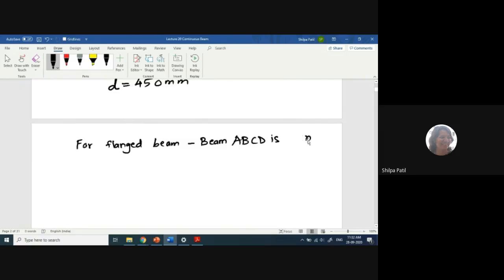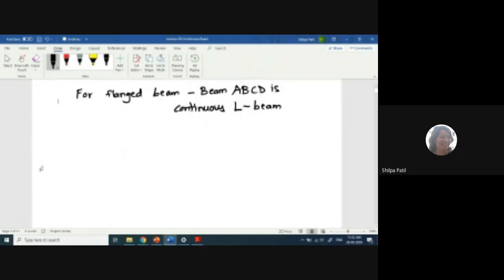This is very tedious while writing in Word. Okay. So for that, write down the BF value, that is the width of flange, BF. The formula is L0 upon 12 plus BW plus 3 times DF.